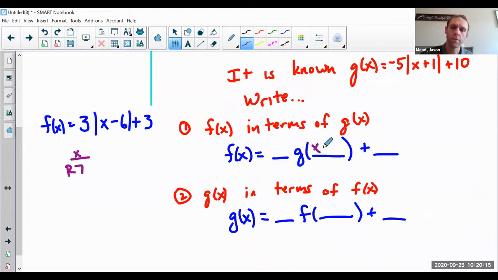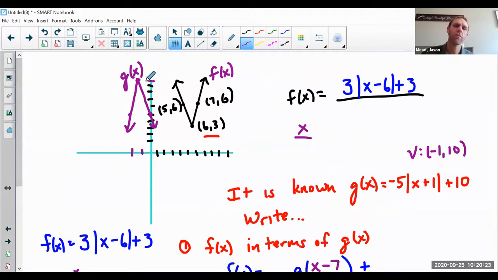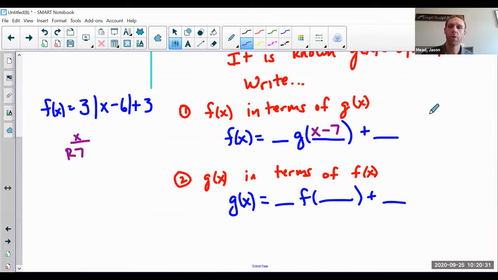So that means this is going to be x minus 7, because in order to move from g to f, I move the x values right 7. And that's most prominently displayed in the vertex because the x value was -1 and it has to become 6.